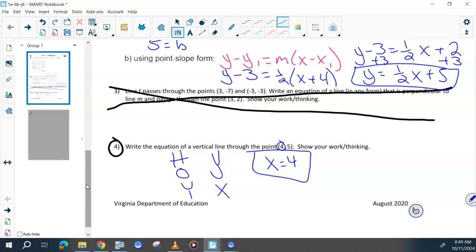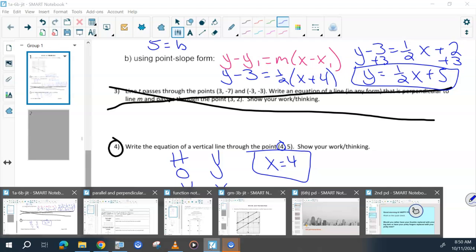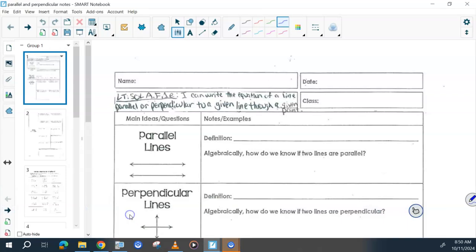So we're going to start our notes on parallel and perpendicular lines. Make sure that is in front of you. Who has heard those words before? Parallel and perpendicular. Good. We should have. What do we know about parallel lines?